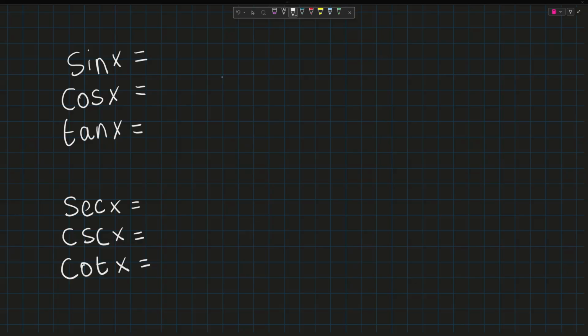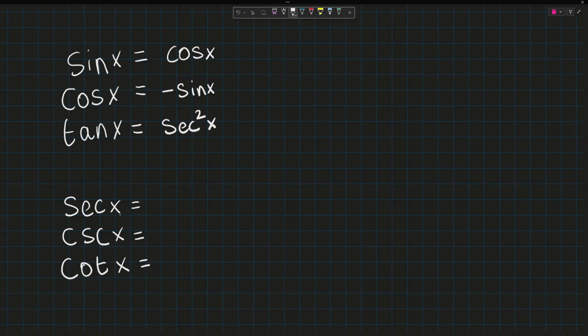Alright, the last thing we're going to cover today is the basic trig derivatives. To take the derivatives of each of these, it's basic memorization again. This is very simple. The derivative of sine x is cosine x. The derivative of cosine x is negative sine x. The derivative of tan x is secant squared x.